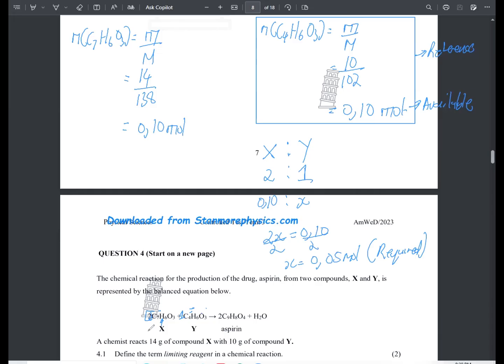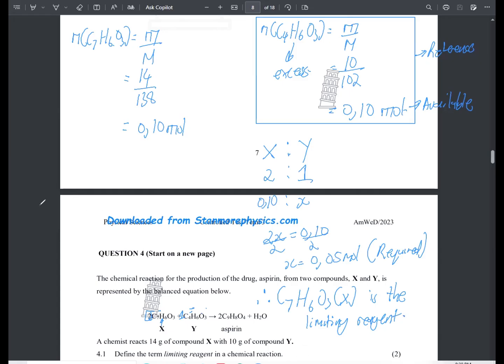It will be used up first, right? So that means in this case, we're going to say this one is actually in excess, meaning that that one there has to be limiting. So in other words, our conclusion is that C7H6O3, which is this compound X, is the limiting reagent.